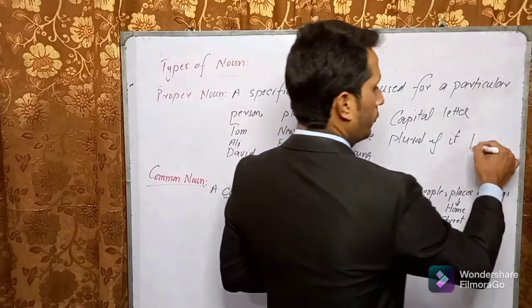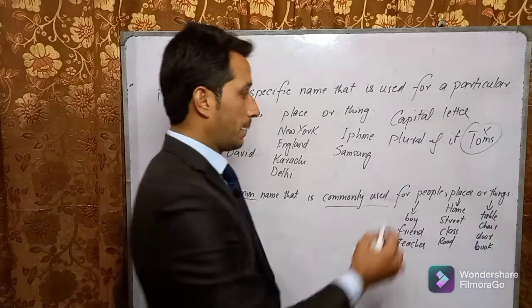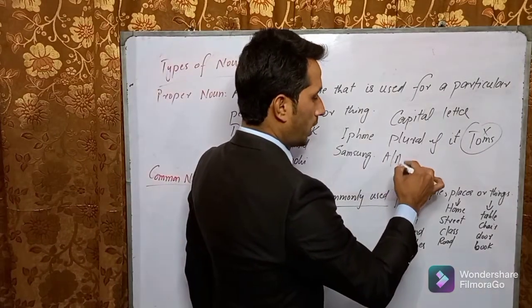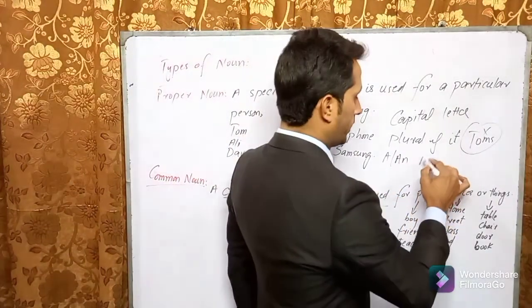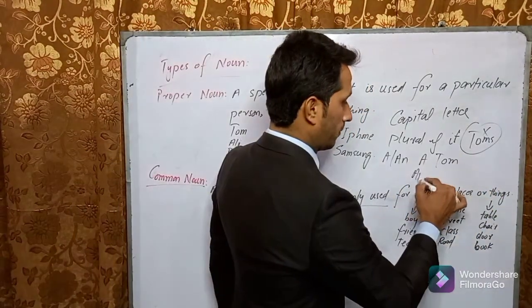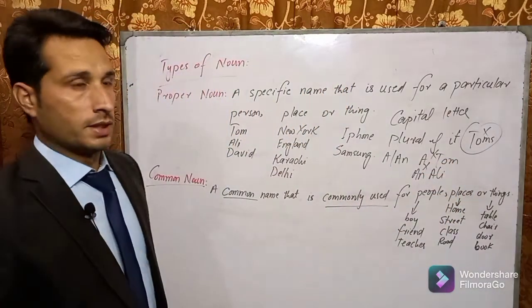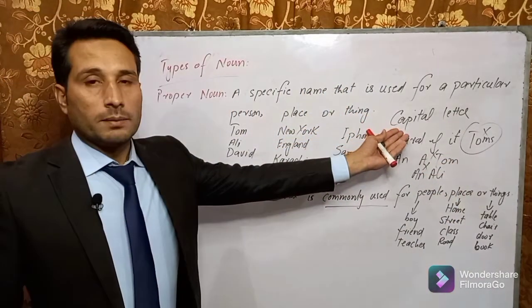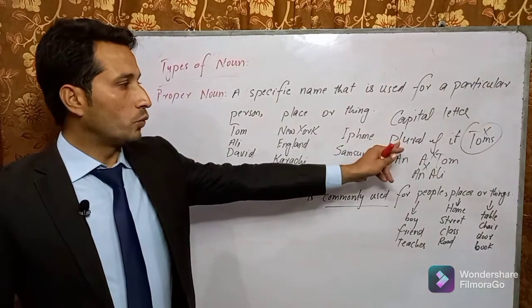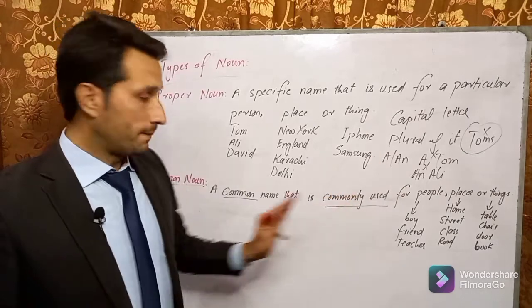For example, I cannot say toms. It is incorrect. Apart from that, we cannot use a or an with it. I cannot say a Tom, an Ali. They are incorrect. So remember that a proper noun is always written with a capital, we cannot make a plural of it, and we cannot add the article a or an with it.